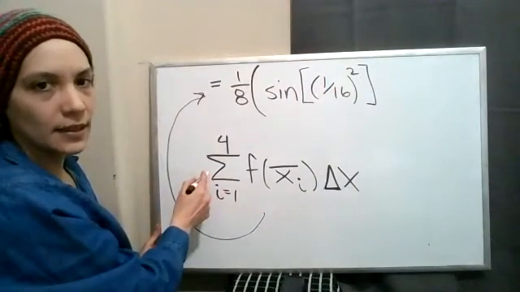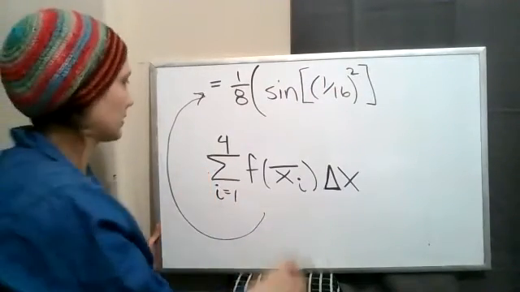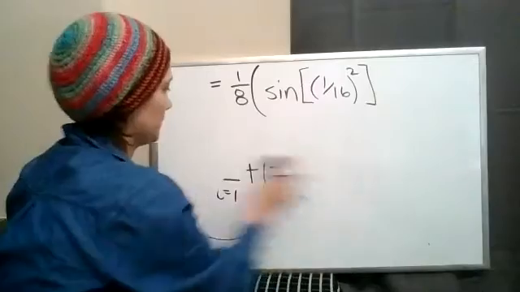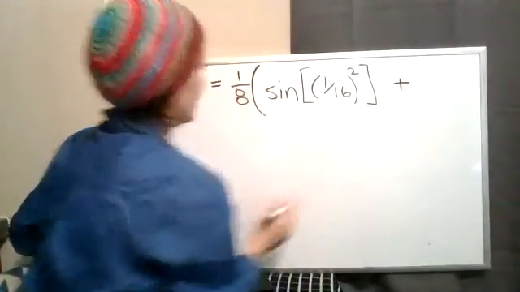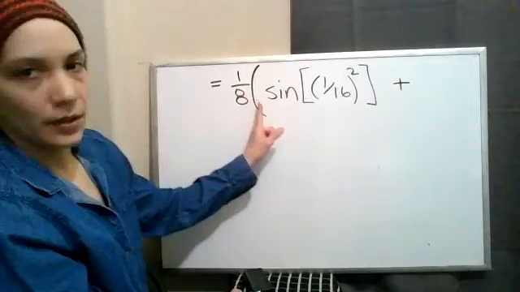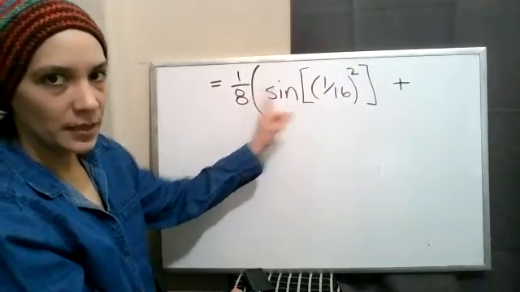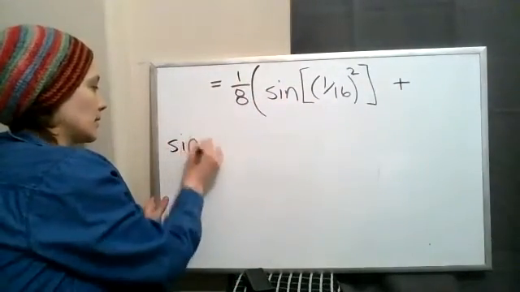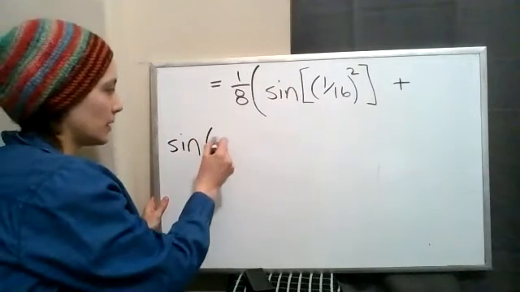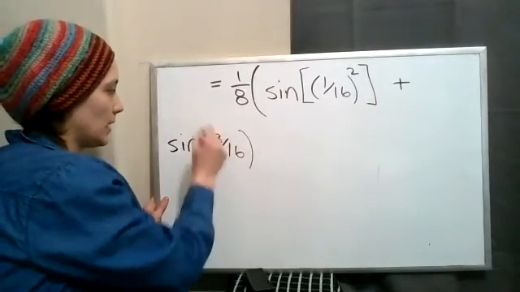Add, putting in the next midpoint. Okay, so this is all contained in the same set of parentheses, but for the next term, we have sine of 3/16, and that's going to be squared.